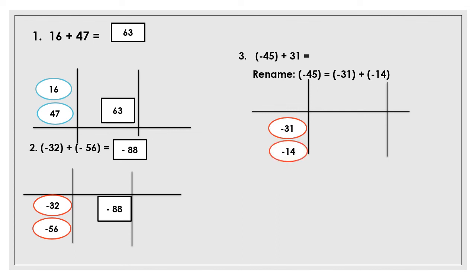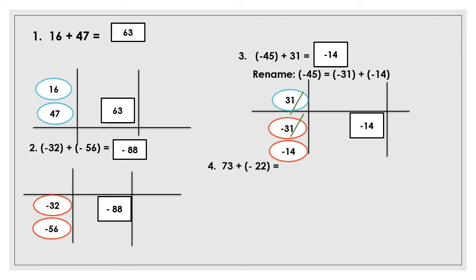Then positive 31 is at the upper portion. Then 31 plus negative 31 is 0. So what is left is negative 14, which is at the lower portion. So we place also the result, which is negative 14, here.